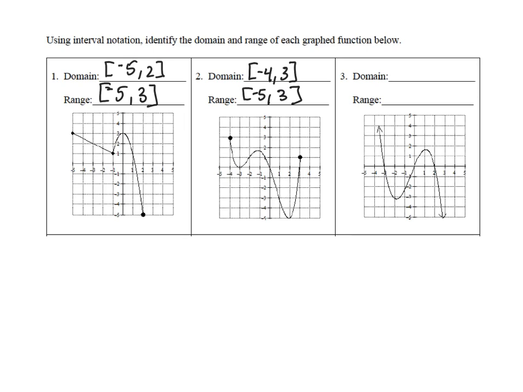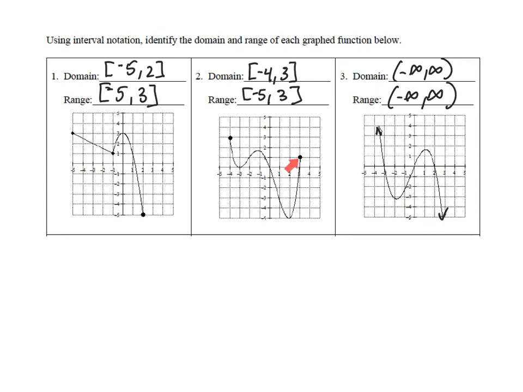And then finally, looking at the arrows on each side of this, you can see that this graph is going to continue on this way to infinity. This one's going to continue on this way to infinity. So this covers all of my x values, -infinity to +infinity, and it covers all my y values, -infinity to +infinity. Now, I just want to note one more thing.